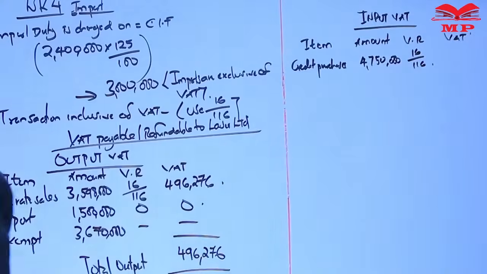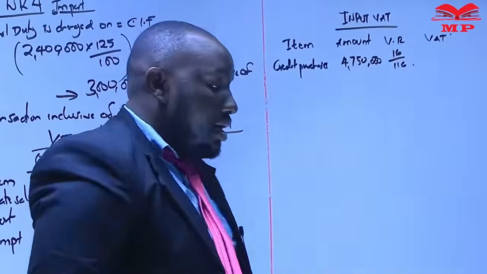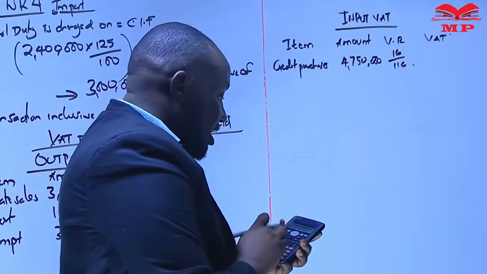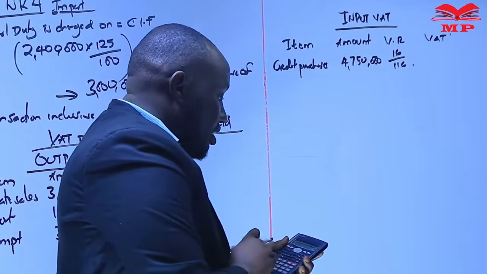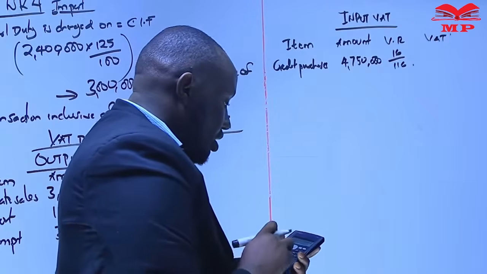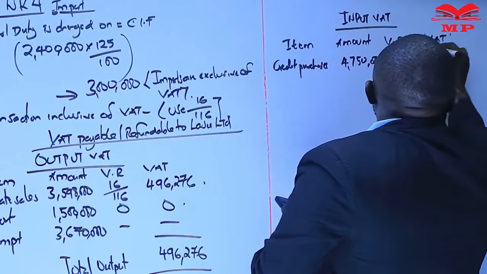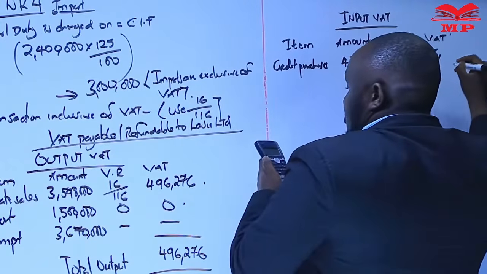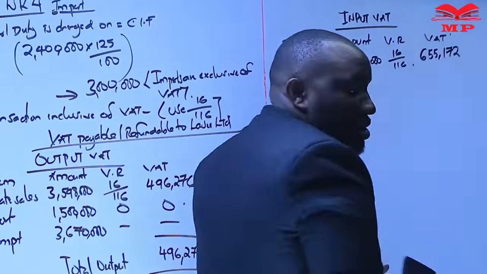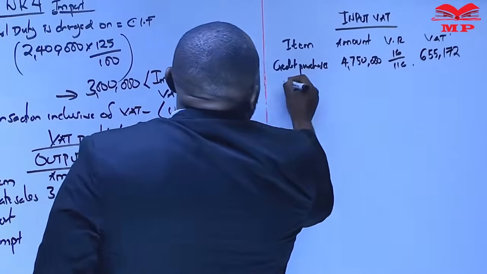So we pick our calculator: 4,750,000 times 16 over 116. On that we have a figure of 655,172.